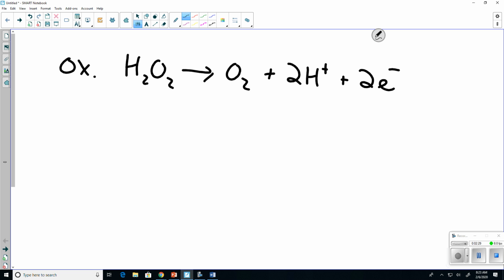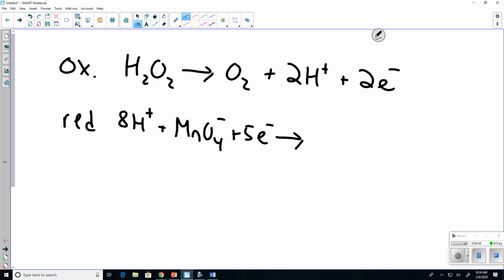It's the oxidation equation of hydrogen peroxide. This is the reduction of the permanganate polyatomic ion.